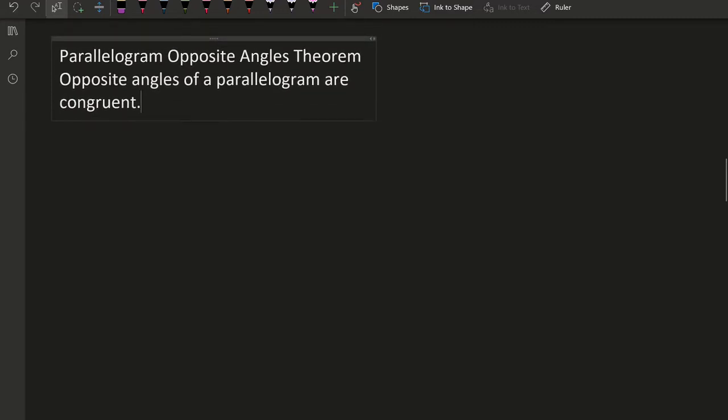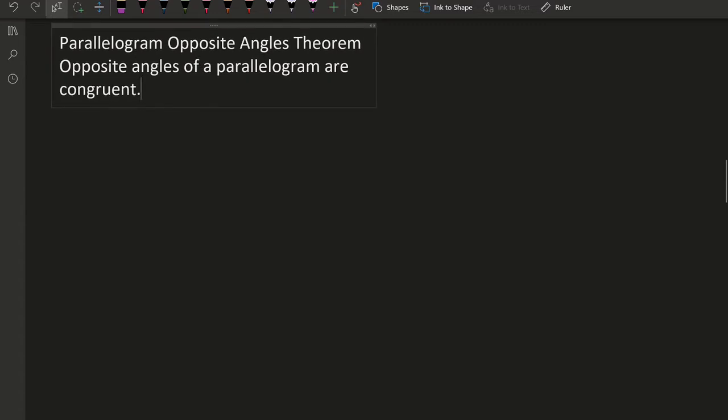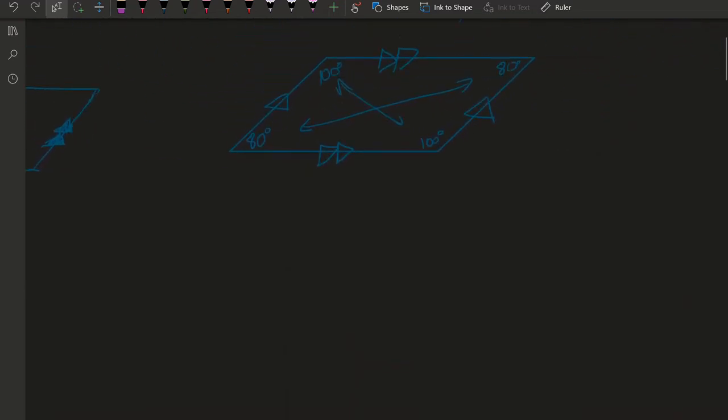Okay, now that we've talked about the angles of a parallelogram, I want to talk about the sides. So here's what I'm going to do. I'm going to go back over to this picture here, and let's take the numbers out and replace them with symbols.